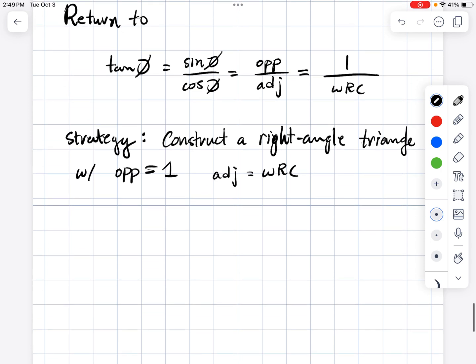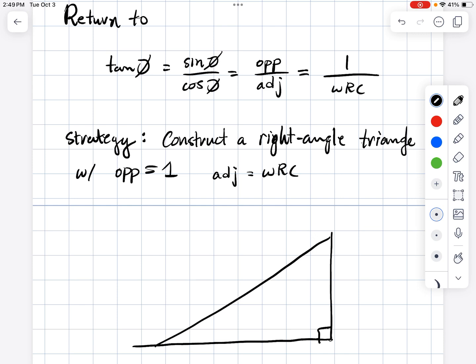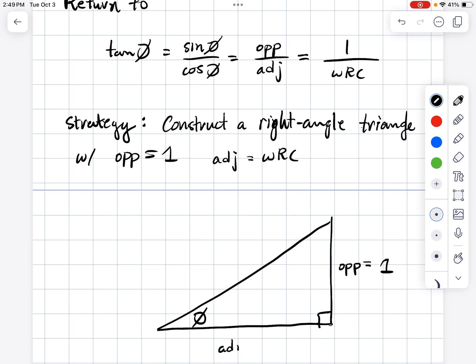Okay, so what would that look like? Maybe we have something like this. This is our right angle triangle. This would be phi, and on the opposite side we'll say that's equal to a length of 1, and on the adjacent side we'll say that has a length equal to omega RC.